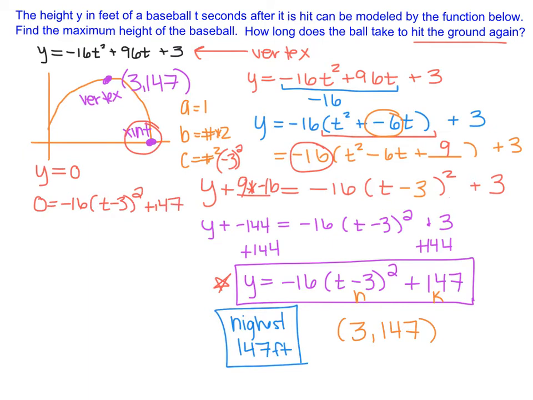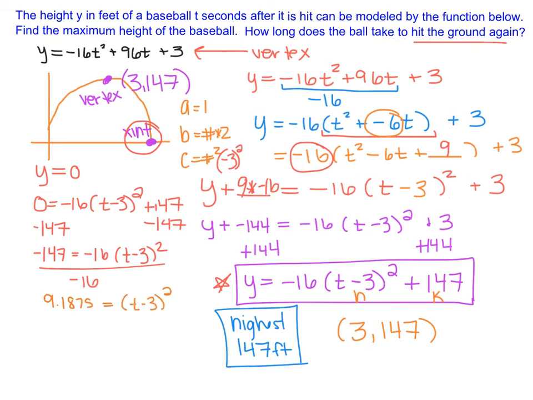Now we're going to start by getting everything that doesn't have the t on the other side. So we're going to subtract 147 from each side. So I have negative 147 is equal to negative 16 (t minus 3) squared. Divide by negative 16, and we get 9.1875 is equal to (t minus 3) squared.